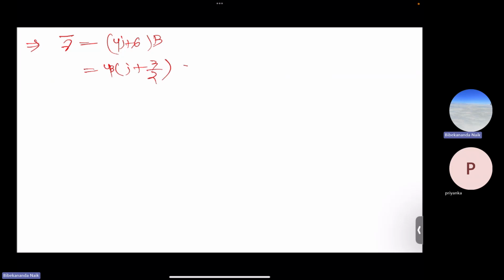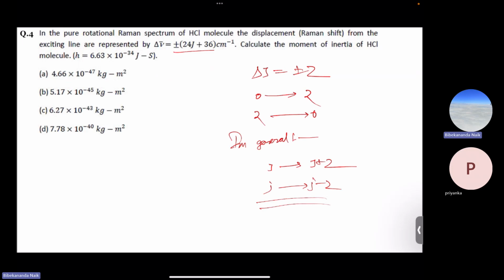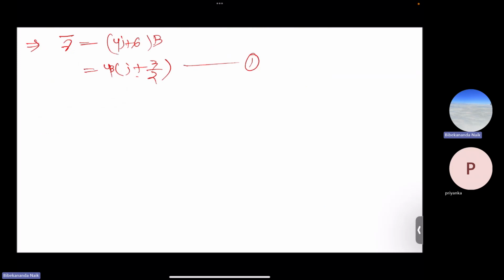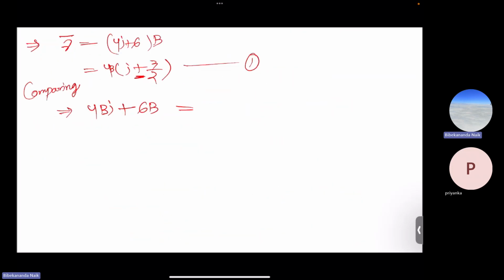So if you compare this equation to the given expression 24J plus 36, we can compare these two relations because there is a positive sign in both cases. So we can say 4BJ plus 6B equals 24J plus 36.